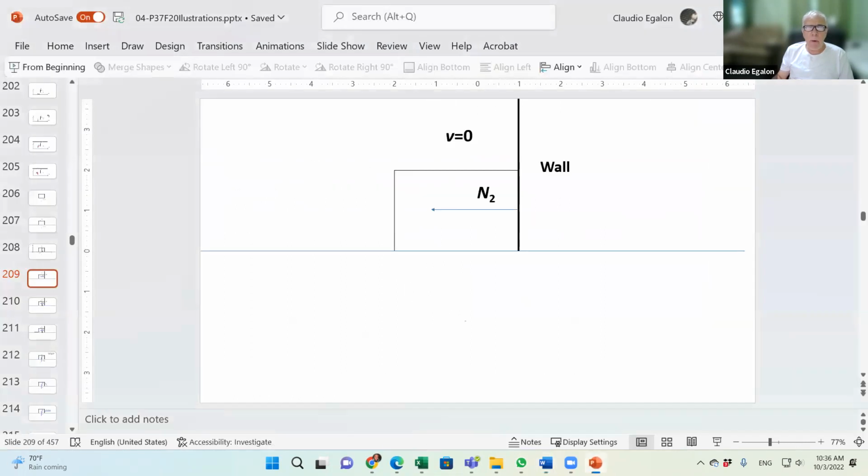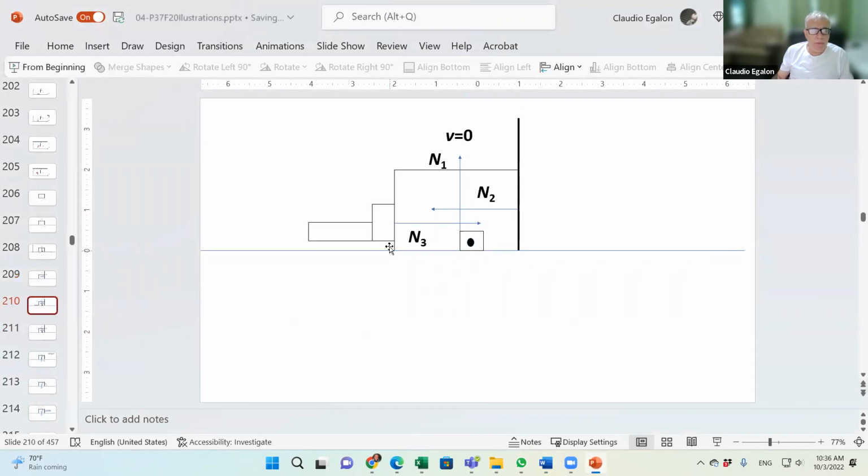So if the block is at rest and we have this force to the left, it means that we must have another force applied to the block from the right. This force I call, let's say, N3. On top of that, we know that every object on the surface of the Earth is subjected to the force of gravity that we call the weight. It always points towards the center of the Earth.